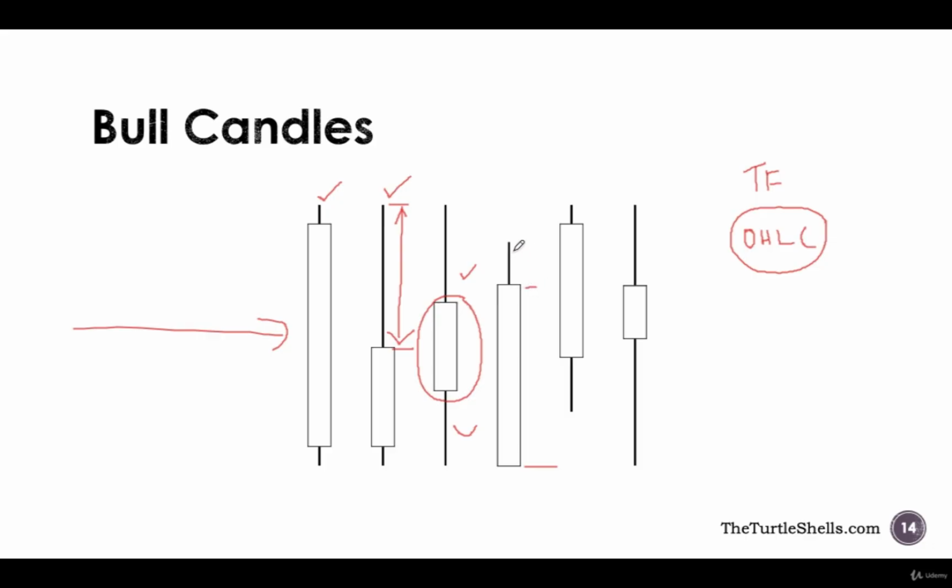The closing has been near the upper end of the trading range. Trading range, I told you, is the difference between the high and the low. So if the opening is near the low of the trading range and the closing is near the high of the trading range, that's a very powerful bull candle.